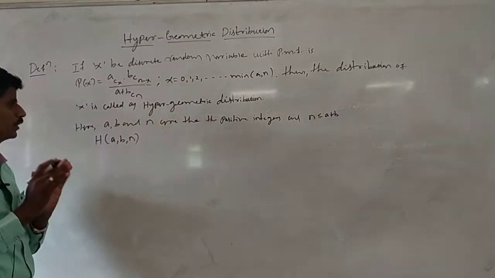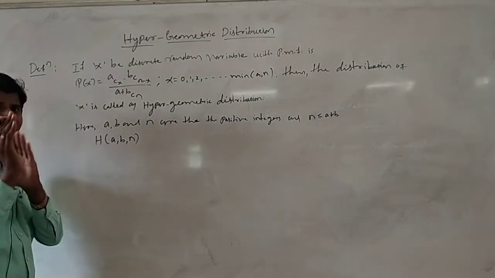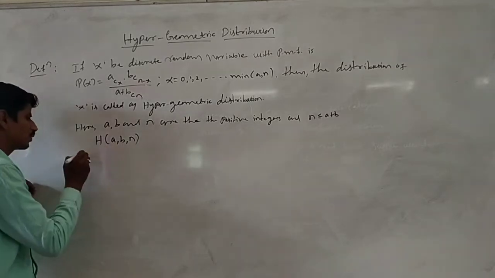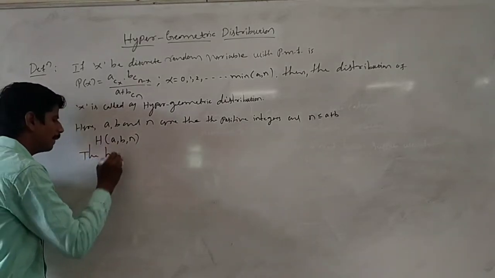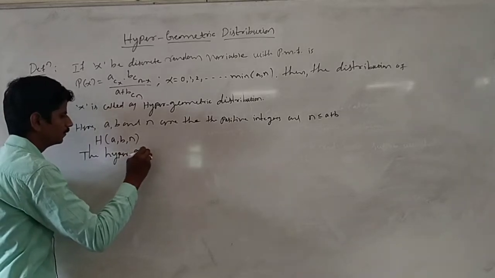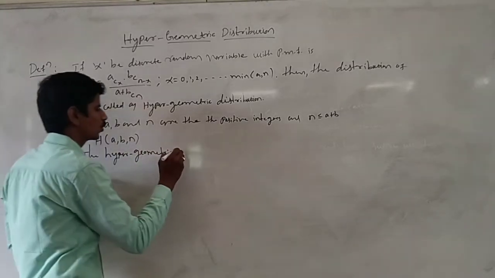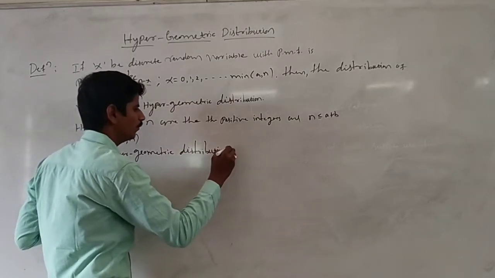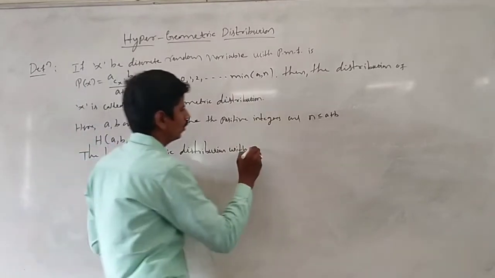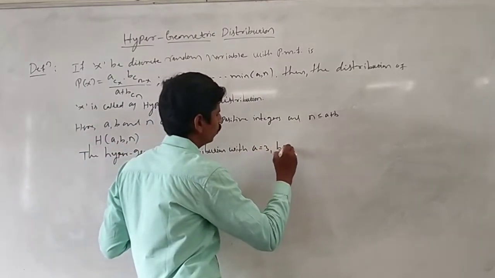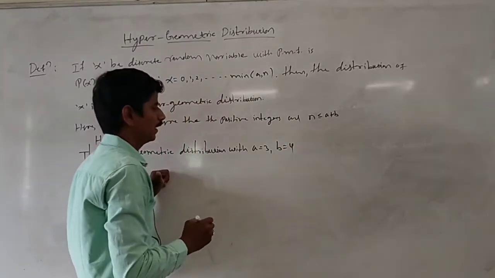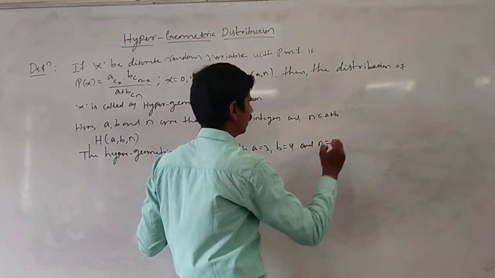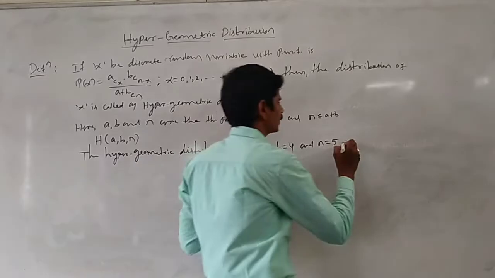The hypergeometric distribution with A equal to 3, B equal to 4 and n equal to 5 is written as follows.